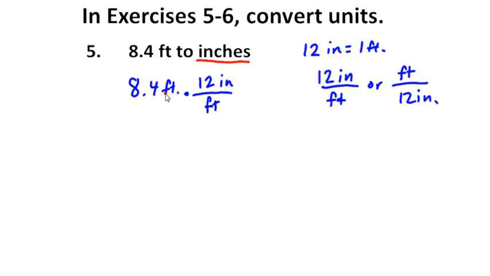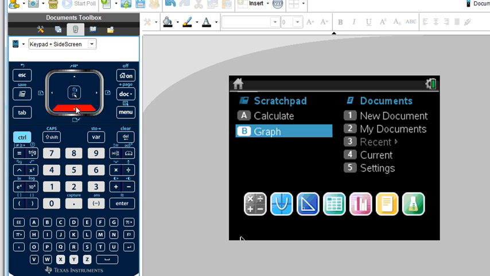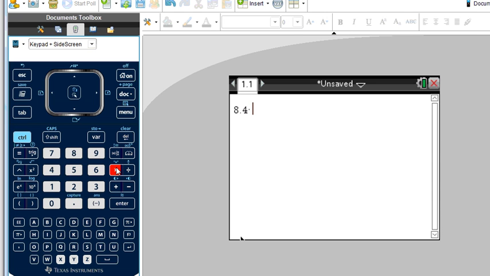If we cancel foot divided by feet, all we have is 8.4 times 12 inches. I guess we could conceivably do it without a calculator, but we'll go to our calculator and put in 8.4 times 12, which is going to be 100.8 inches.